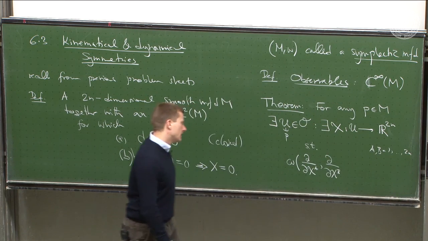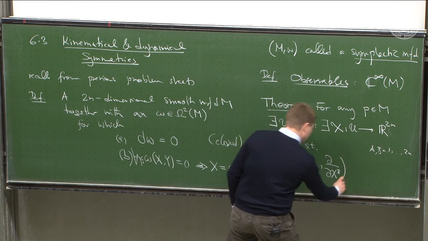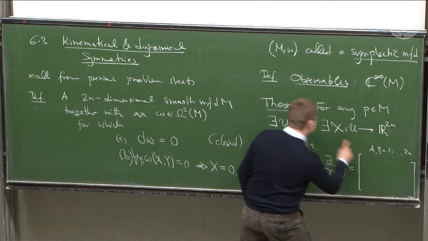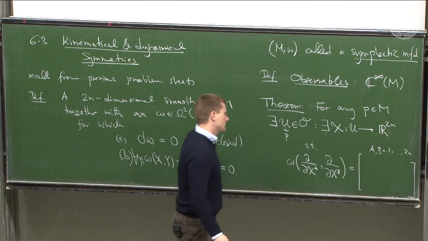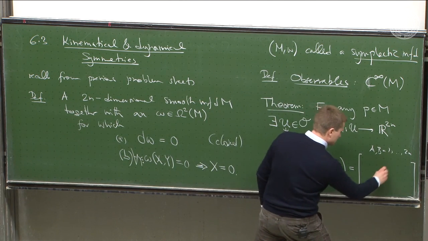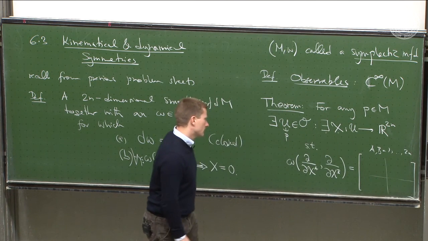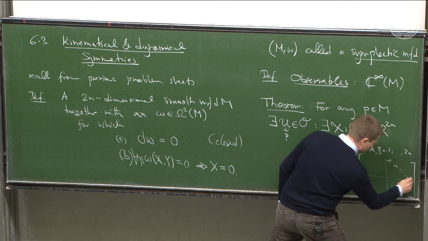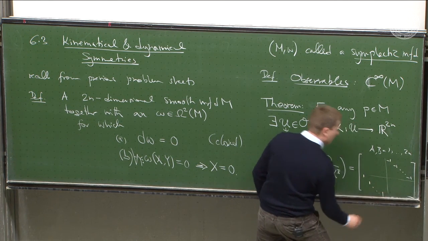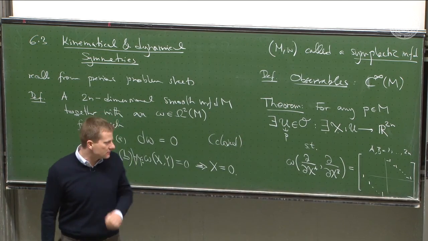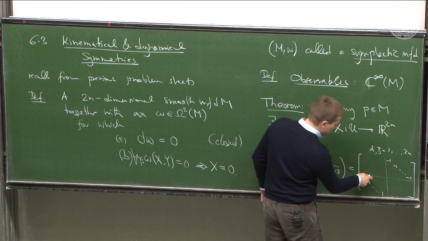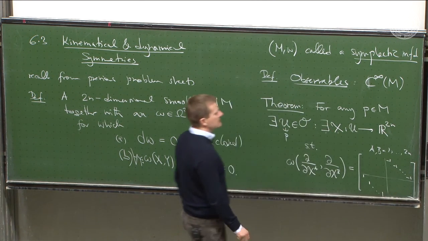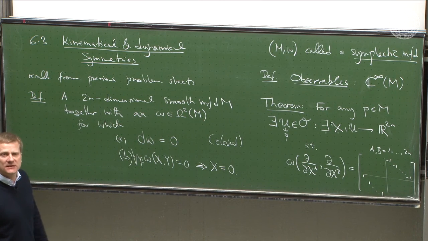I label the coordinate-induced tangent vectors such that, and that's the statement of the theorem, there exist coordinates on such an extended region such that the omega looks like this. And all the remaining entries are 0. And I indicated here 2 blocks where each block has the size n. So in total, this is a 2n by 2n matrix.